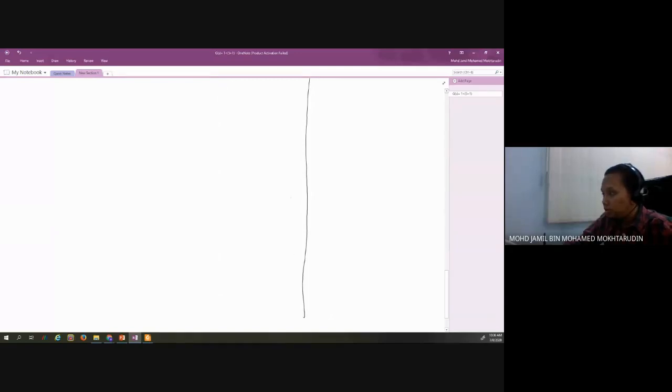So kita plot poles and zero dulu. So the first pole is here, 0. So sketch tu roughly lagi, tak payah guna kertas graph.